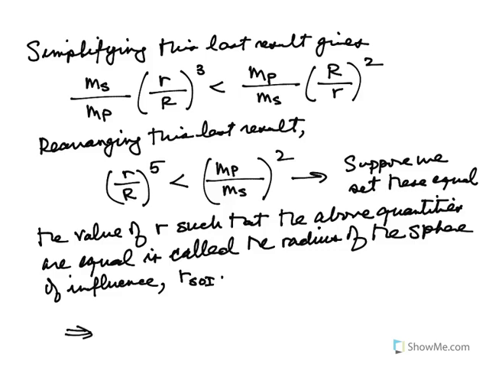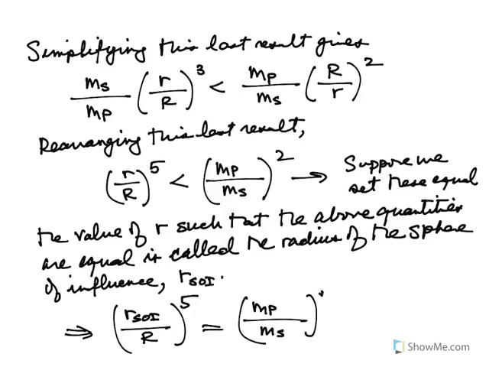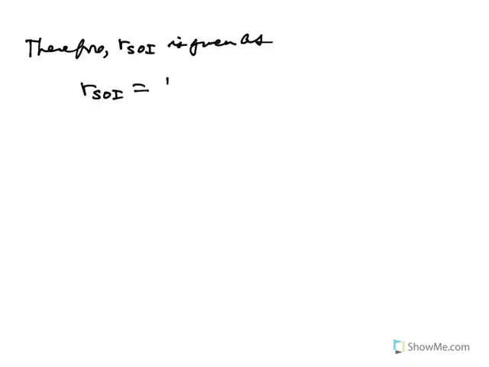So that implies that R SOI divided by big R to the fifth has to equal the mass of the planet divided by the mass of the sun, squared, from which we can solve for the sphere of influence. Therefore, the radius of the sphere of influence, R SOI, is equal to big R times m sub p over m sub s to the 2/5.